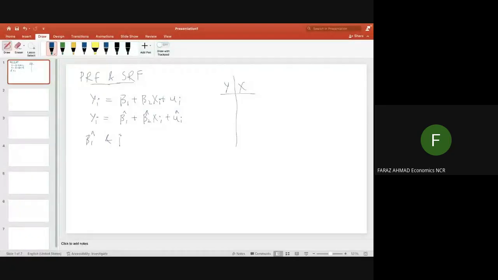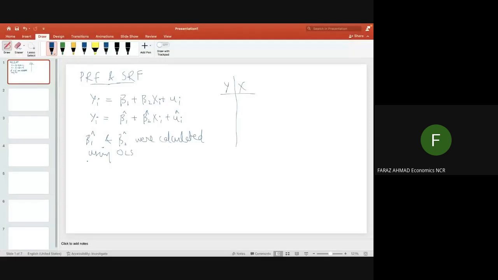Then we had a discussion on how to calculate beta 1 hat and beta 2 hat. They were calculated using OLS. Now that we have calculated beta 1 hat and beta 2 hat, we also calculated their standard errors.